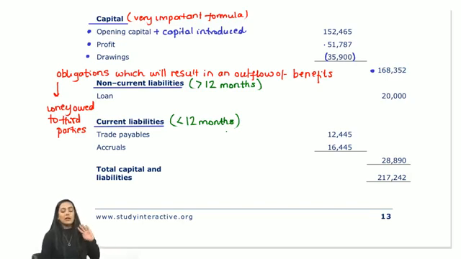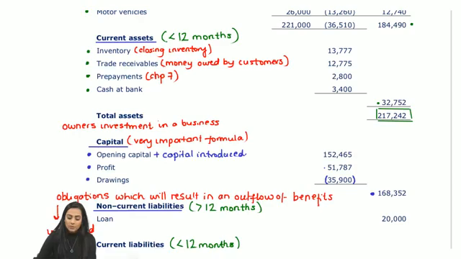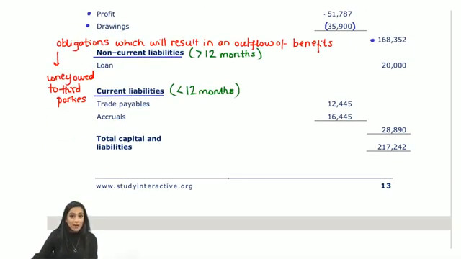So an example of a non-current liability will be a loan. You have to pay back $20,000 in 5 years' time, let's say. But a current liability, you can have an example, trade payables, which is the opposite of a trade receivable. A trade payable, listen to the word, payable, is money you are yet to pay your suppliers.